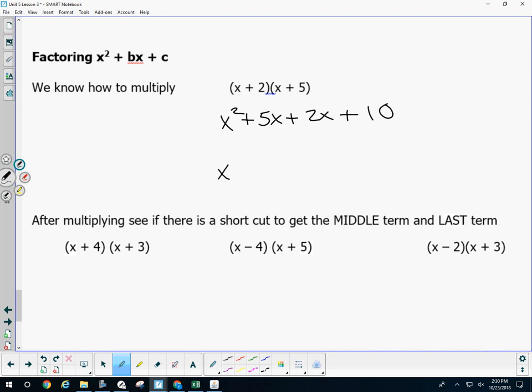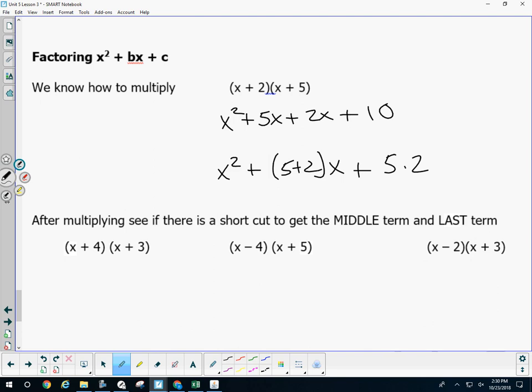Well, what I should see is that the two numbers, 5 and 2, I'm going to add those two numbers together with an x, because I got a 5x and a 2x. 5x plus 2x, 5 plus 2.